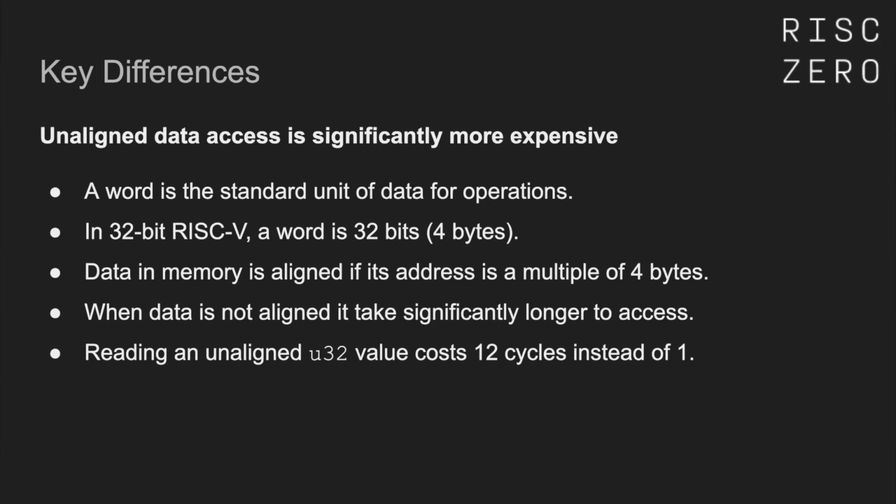So if you want to read from an unaligned address, you end up having to read multiple times to implement this. Reading a u32 value, a 32-bit integer, normally costs 1 cycle if it's aligned. But if it's unaligned, it costs 12 cycles to access in the zkVM. That's part of the software implementation of unaligned reads.